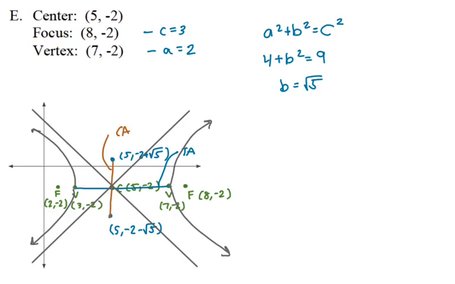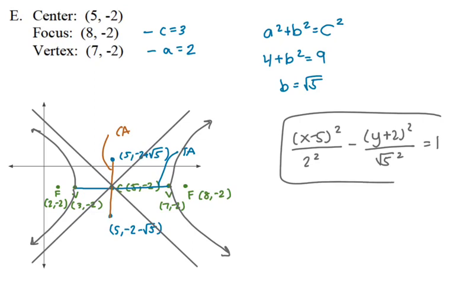Now we do have a shift because the center is 5, -2, so we need to represent that as x minus 5 squared over 2 squared. And then y is what's negative here. This is going to be y plus 2 squared over b, which is root 5 squared, equals 1. That is standard form, the equation of this, and then the eccentricity is c over a, which is 3 over 2.